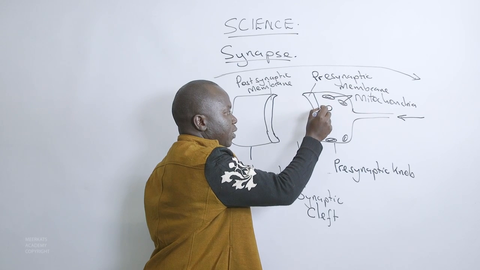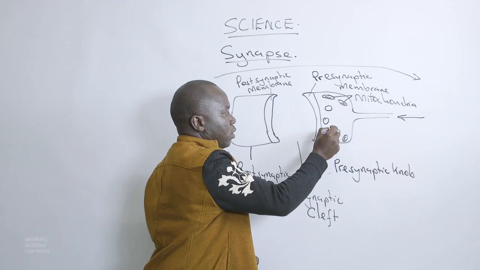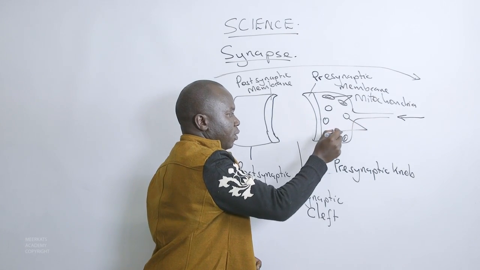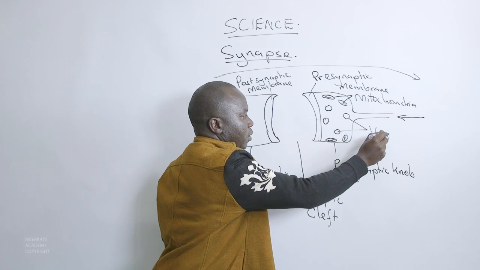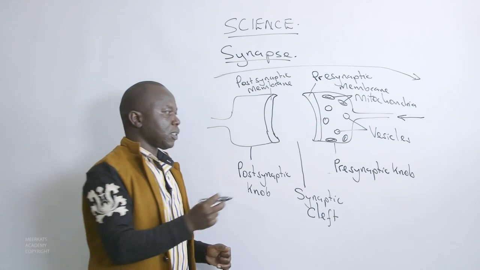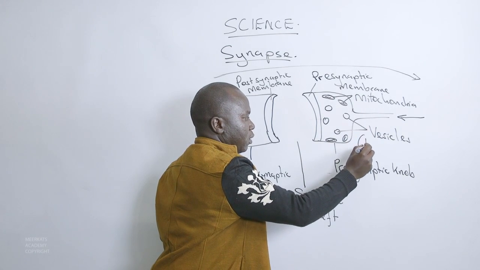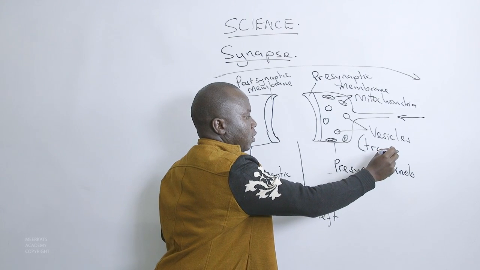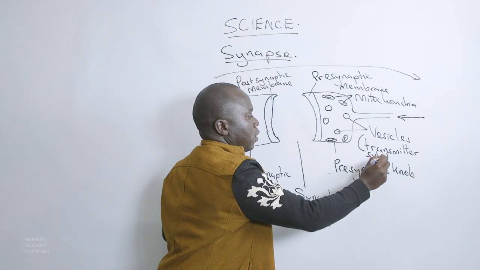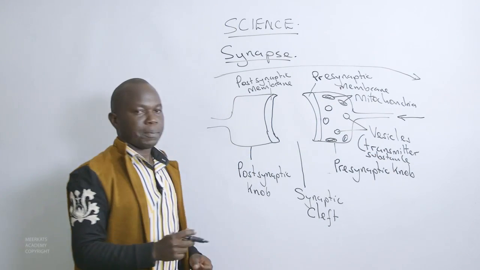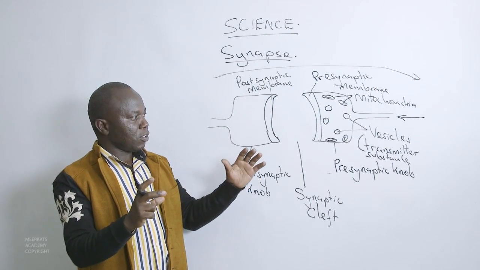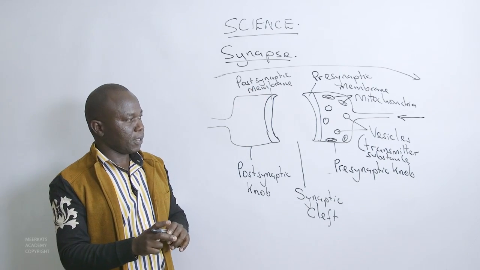And then we have vesicles. Those vesicles have some chemicals. Those chemicals are called transmitter substance. So this is the structure of a synapse.